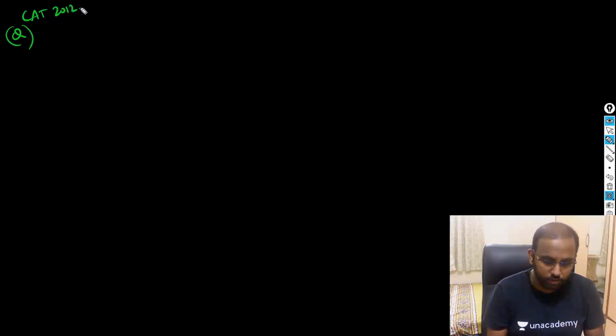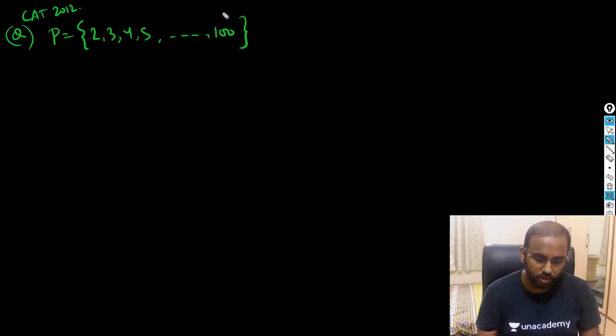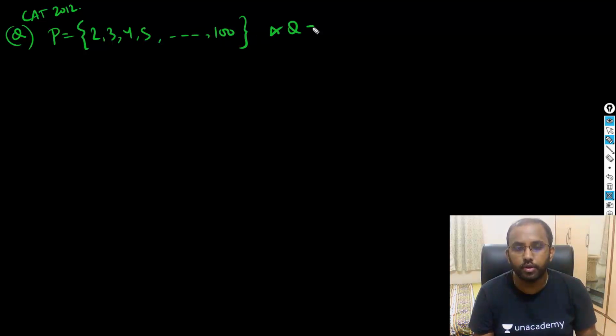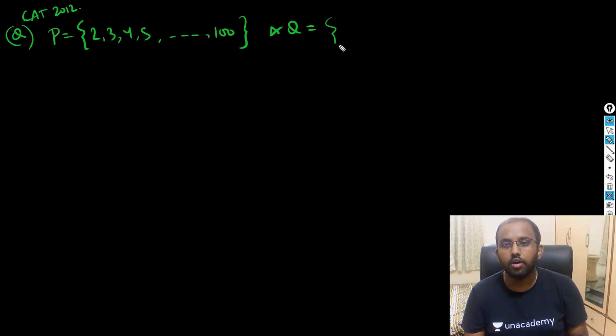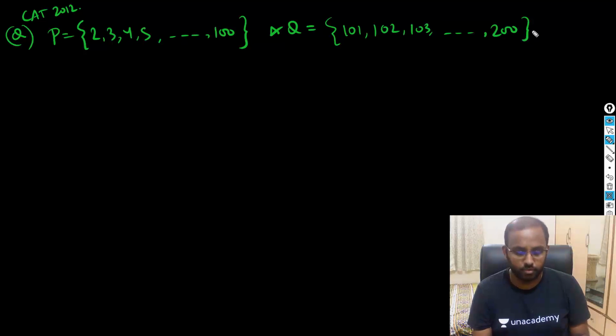So again, this next question is one CAT 2012 question, guys. It says that P is equal to 2, 3, 4, 5 till 100, okay, and Q is equal to 101, 102, 103 till 200, okay.